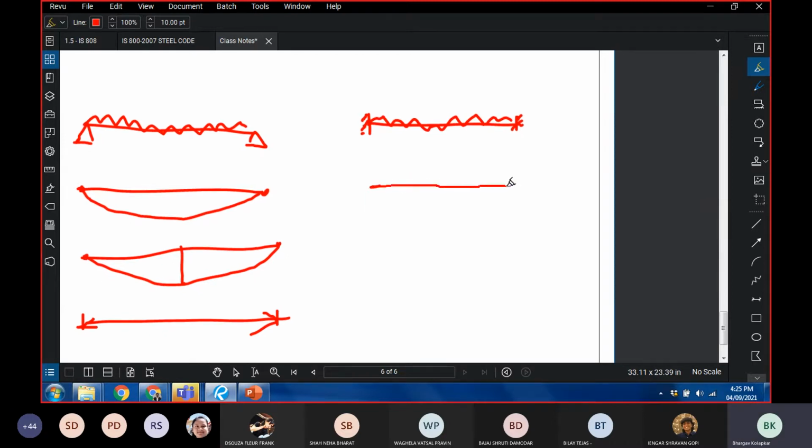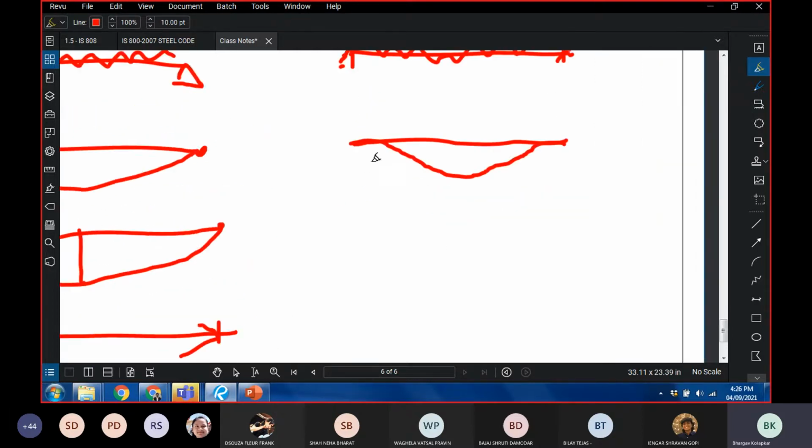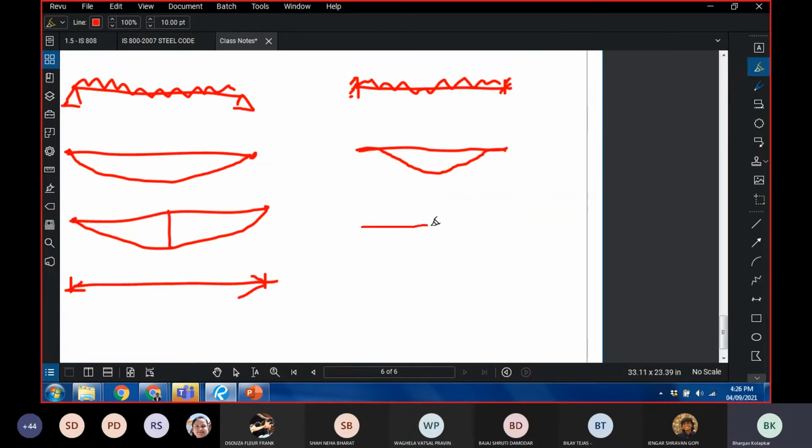This is our original shape. The deflected shape is going to be something like this. So it is initially going to resist it, and then again something like this. So here, if I look at the bending moment diagram, it is going to be something like this.